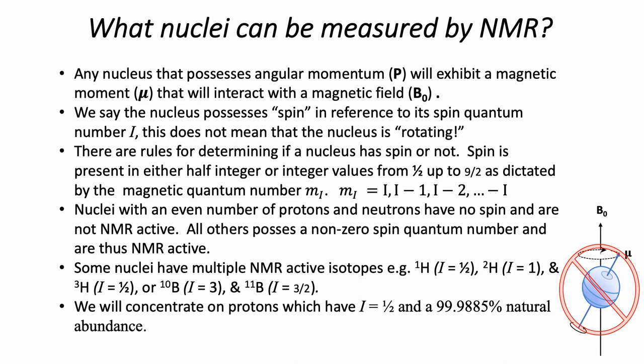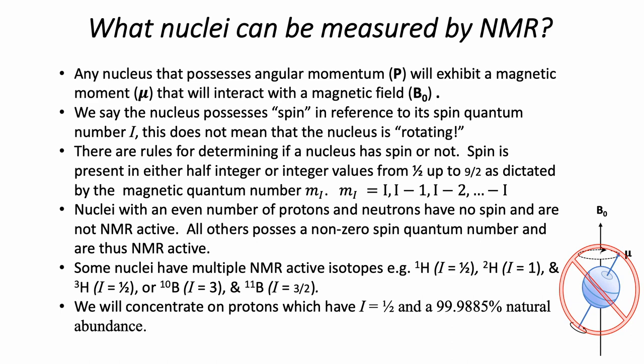We say a nucleus possesses spin in reference to its spin quantum number, which is labeled I. It's easy to think of nuclei as cute little balls that are rotating around, but remember, they're not spinning. It's just an inherent physical property that seems like they're little spinning balls when they're not.